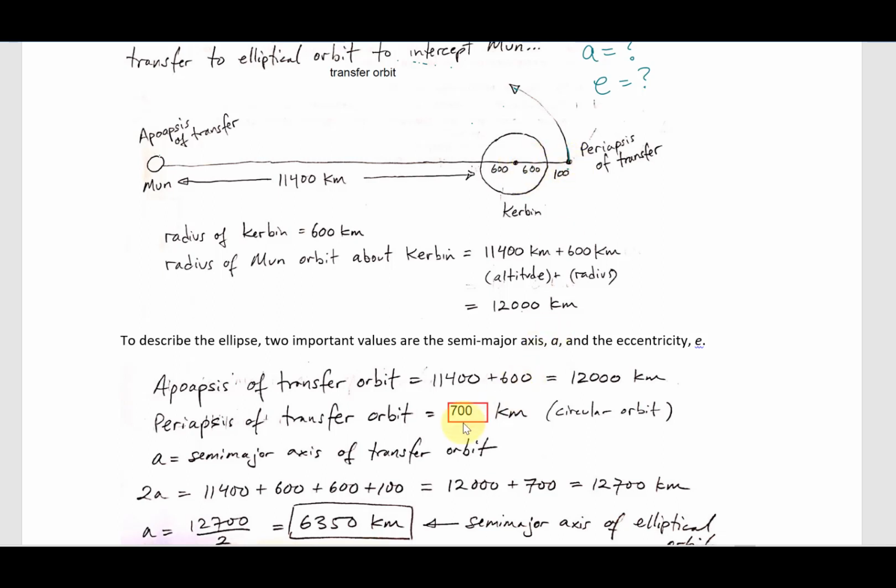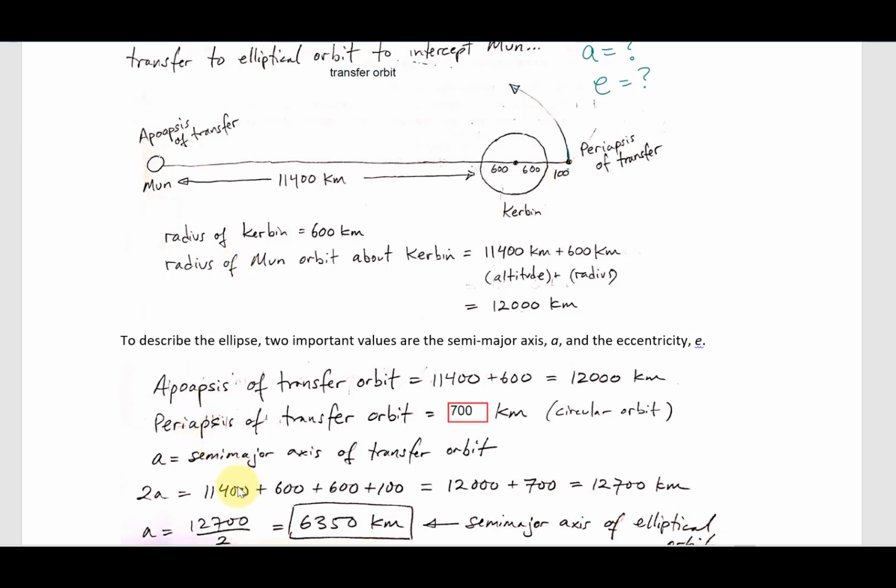That's 700 kilometers. And so the semi-major axis of the transfer orbit is half of the total major axis. And the total major axis is all of these values added together, 11,400 plus the 600 for the radius, plus another 600 for the radius to get the entire diameter of Kerbin, plus this 100 kilometer altitude above the surface.